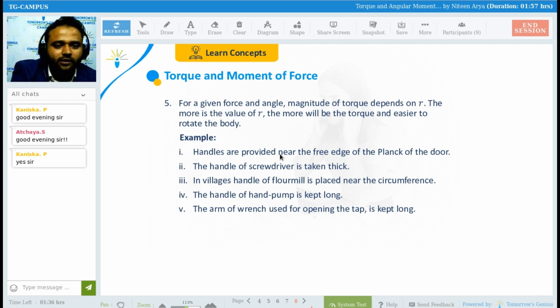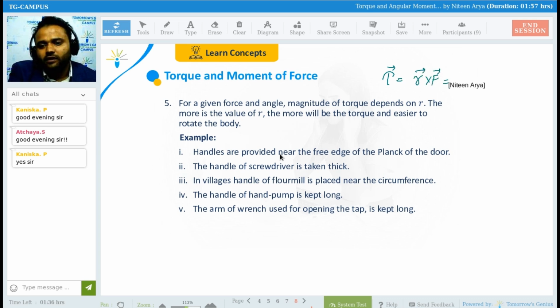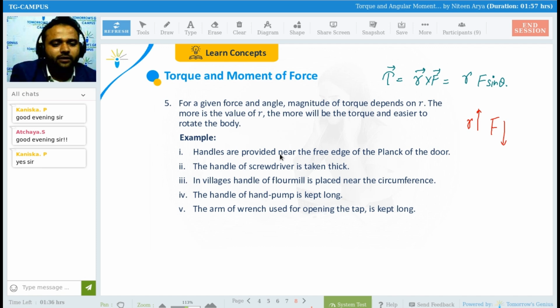Just because, as we know, the formula is torque tau equals R cross F, or you can say R F sine theta, or transverse component of force times R, sine theta. So the more R we apply, the lesser force we need to apply to maintain the same amount of torque.